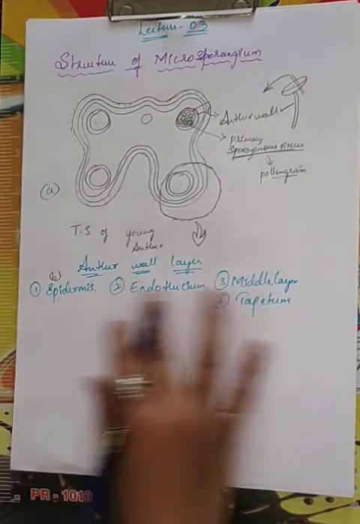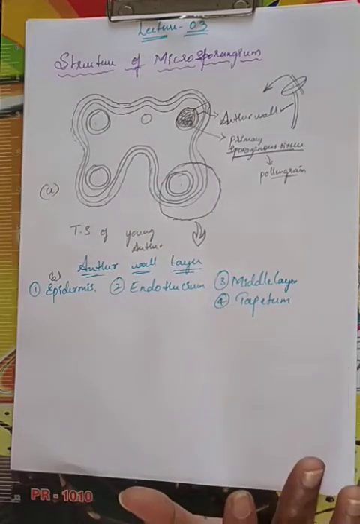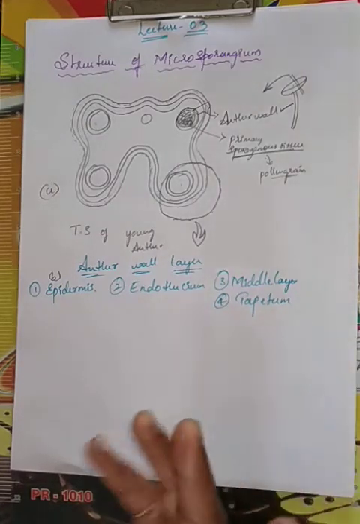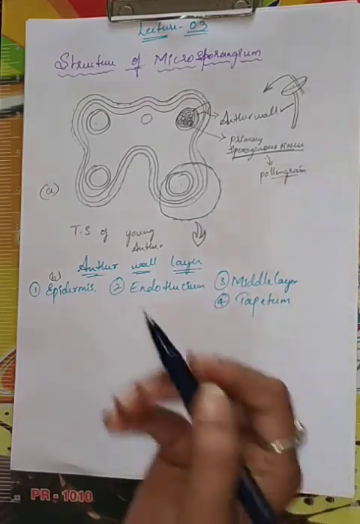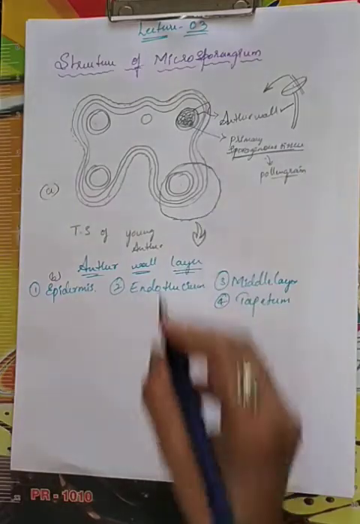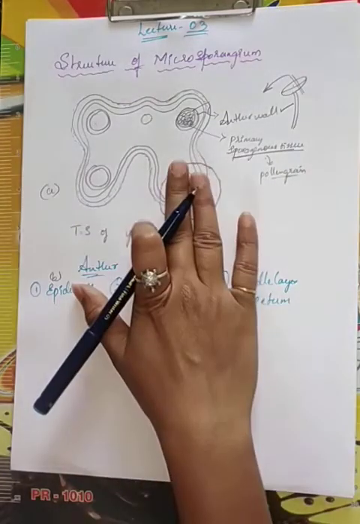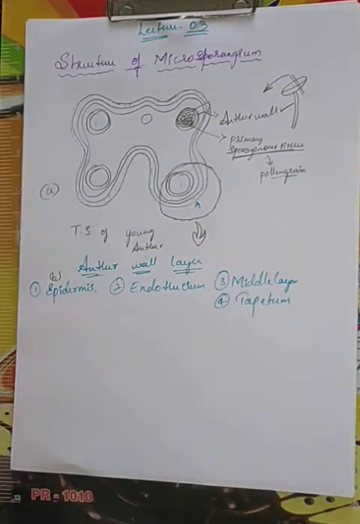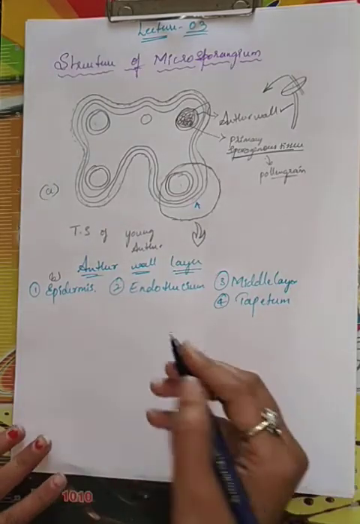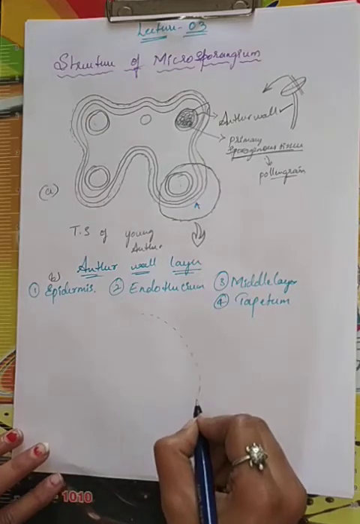These are the 4 important wall layers of the anther. All together these layers are called anther wall layers. How many are there? 4. Epidermis, endothecium, middle layer, tapetum. From outside to inside we are going. When I draw this structure, the first layer will be epidermis.